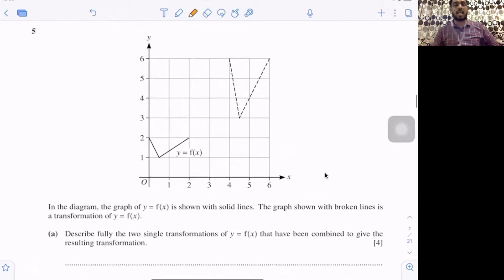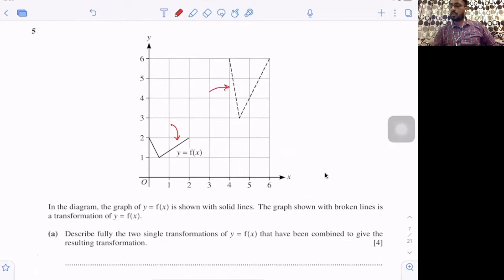Now, this is an interesting question, students. In question 5, what does it say? The question says, in the diagram, the graph of y equal to f of x is shown with solid lines. So it is this one. This is y equal to f of x, solid lines.